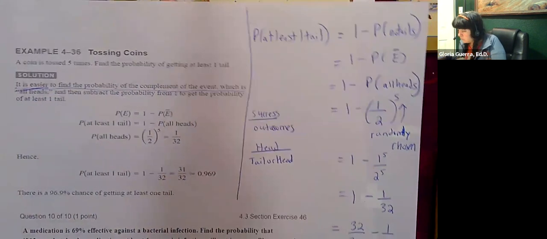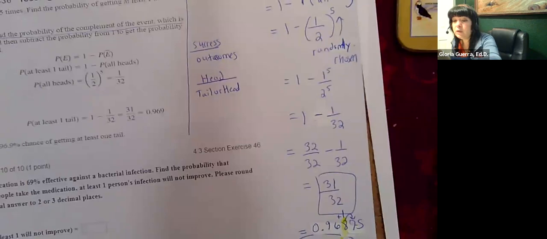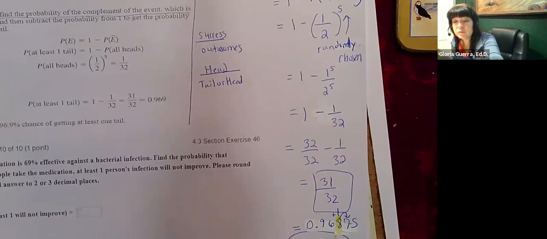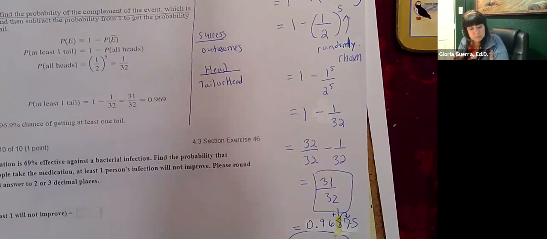So the idea is that it's easier to find the probability of the complement of the event.